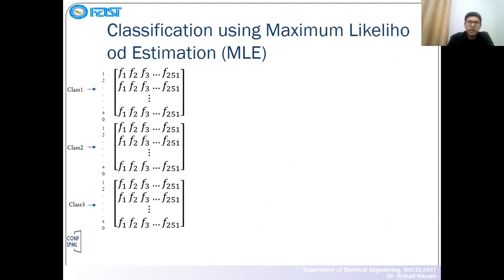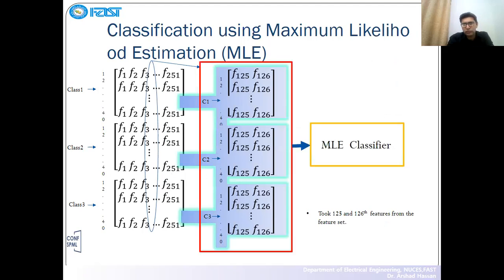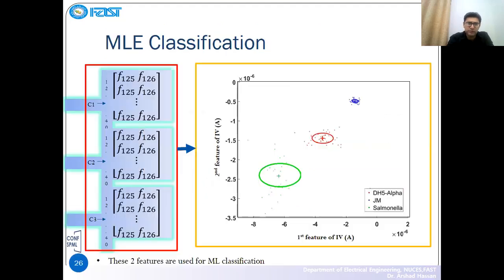So first we used maximum likelihood estimation, in which we just took two features, 125 and 126, and then passed them to the MLE classifier. So in MLE classification, these two features are used. On the right side, you can see that with this classifier you have three distinguished classes.